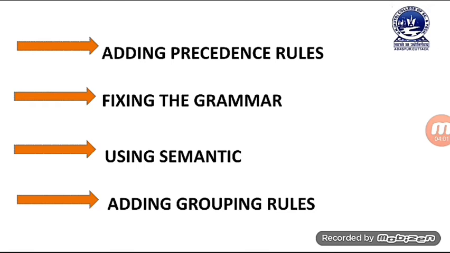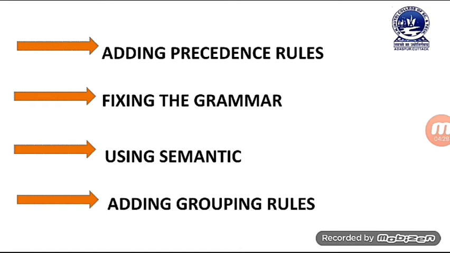Adding precedence rules: if we use precedence of operators, deciding which operator will be performed first and which next, then we can limit the generation of multiple derivations or parse trees. Fixing the grammar: we fix where there are loopholes or leakages. In this way we can also restrict ambiguity.